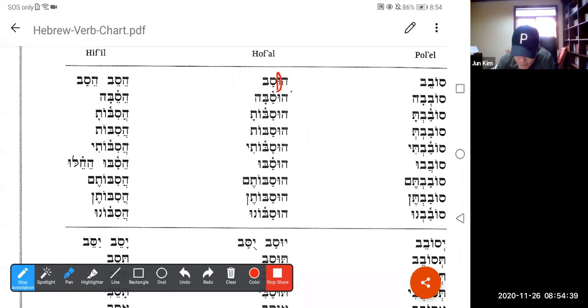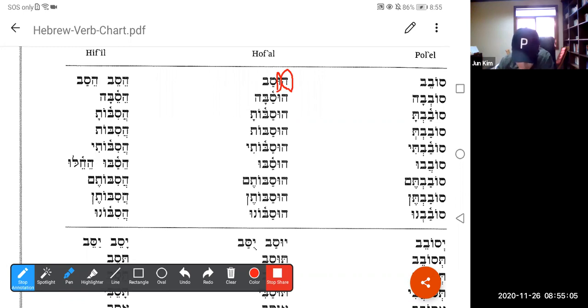So now we have the preformative he, and the preformative he comes with an oo sound, because this oo sound belongs to the same category as o. That's why it is called Hofal. And when do we have the preformative hu?